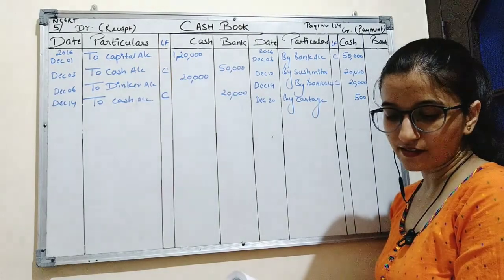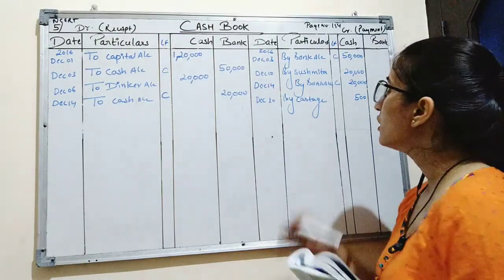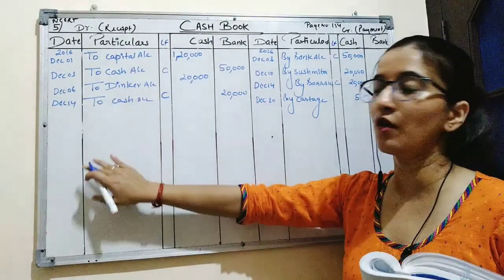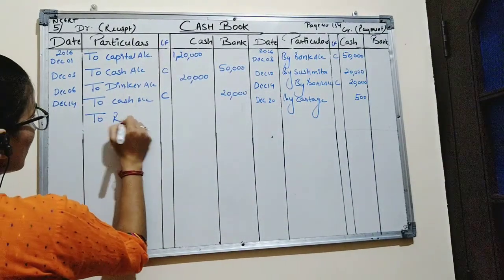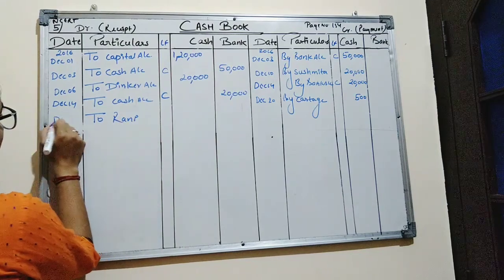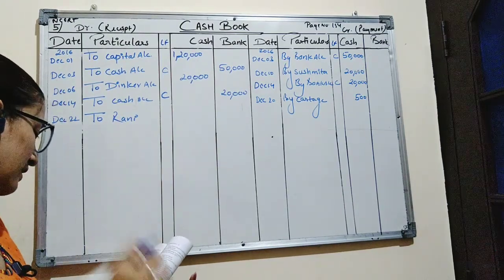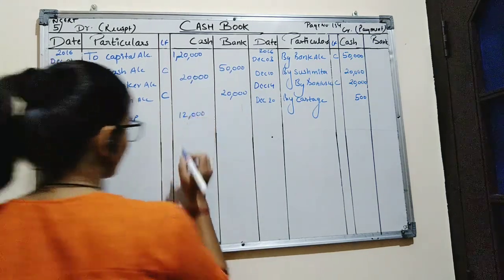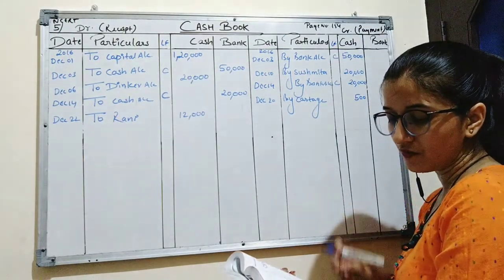On 22nd December, transaction is received cash from Rani. So here we are receiving cash from Rani. That means it will be recorded on receipt side to Rani, December 22, and we will record this amount on cash column 12,000. Next transaction is commission received 5,000.